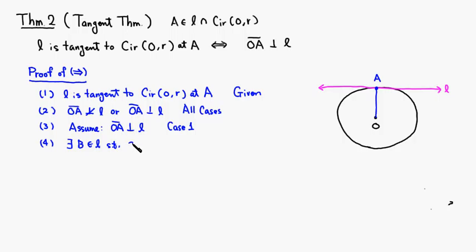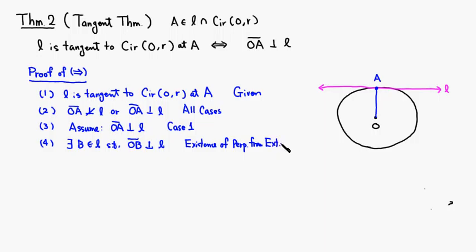OB is perpendicular to the line L. This is justified by the existence of a perpendicular from an exterior point.